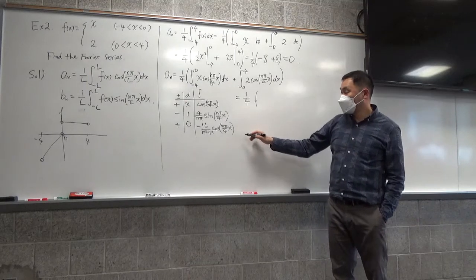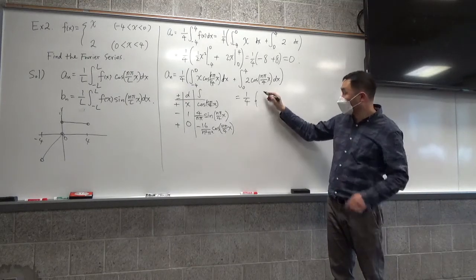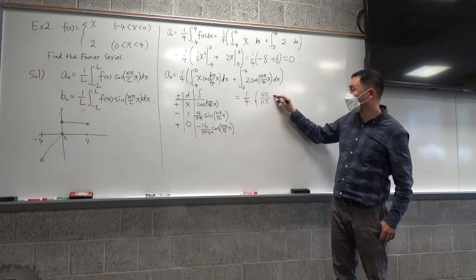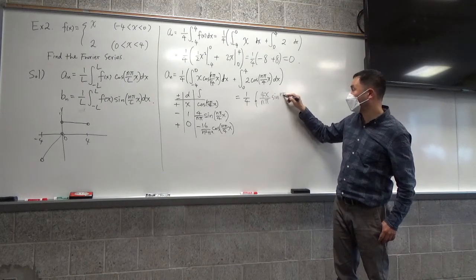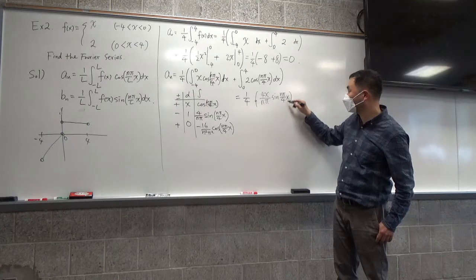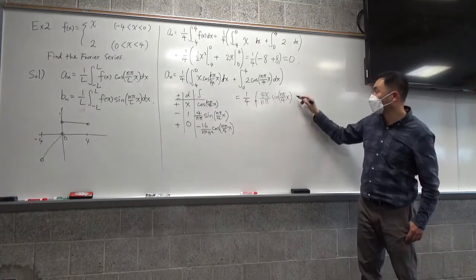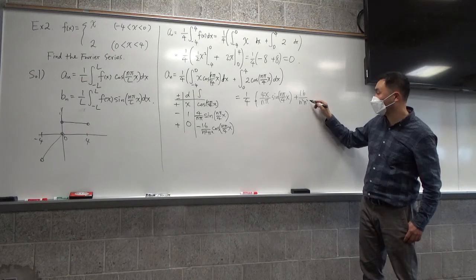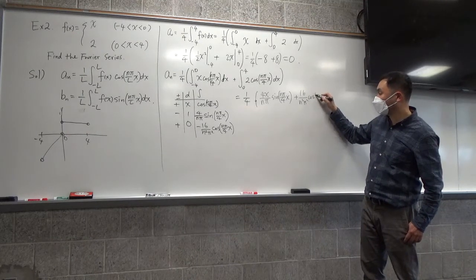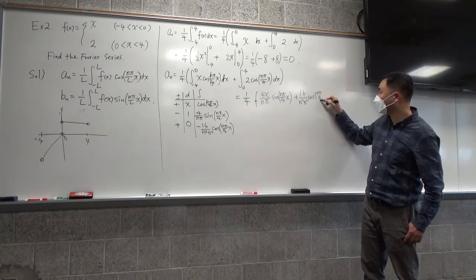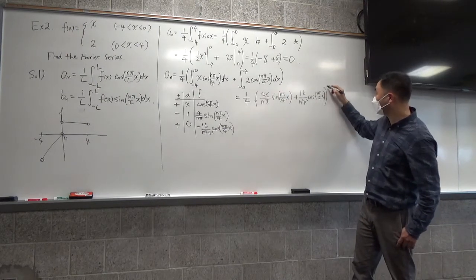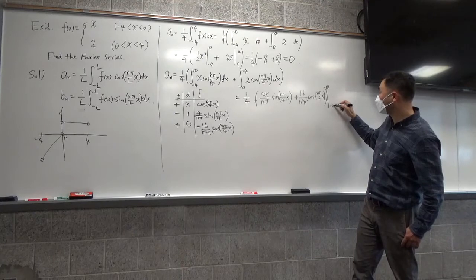So for here, it's 4x over n pi sine n pi over 4x, and then plus 16 over n squared pi squared cosine n pi over 4x. And then for this one, you have to plug in 0 and negative 4.